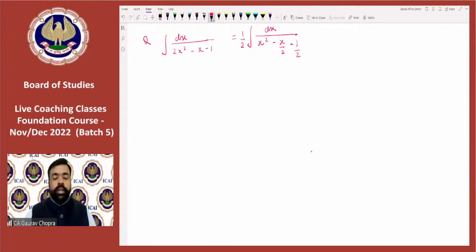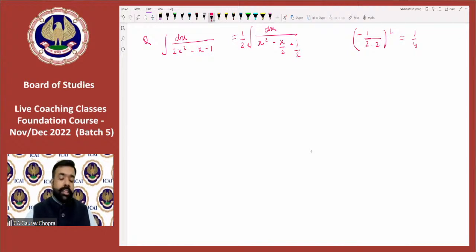Now we can do the completing square method. For the completing square method, we have to divide the coefficient of x by 2 and make it square. So what is the coefficient of x now? 1 by 2. Divide 1 by 2 by 2 and then make the whole square. The whole square becomes 1 by 4.